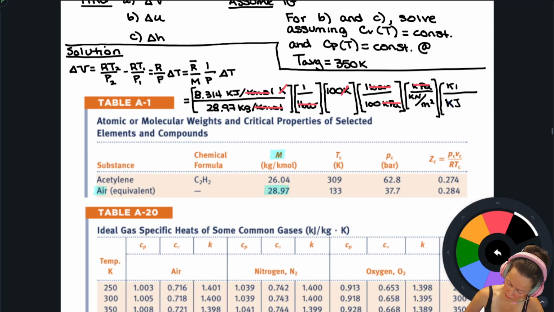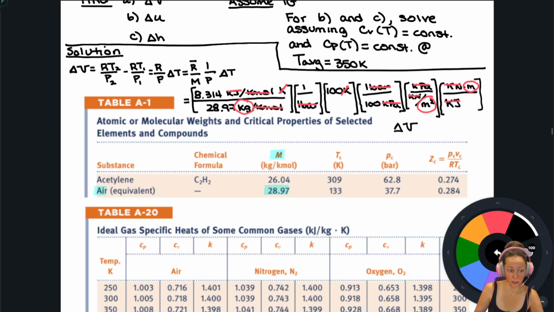A kilojoule is a kilonewton meter. So I got kilojoule, kilonewton, kilonewton. All I've got left are these, so that should give me things in terms of meters cubed per kilogram.